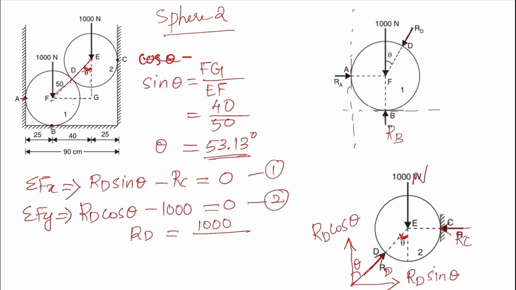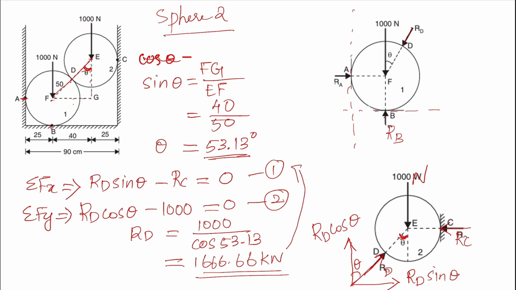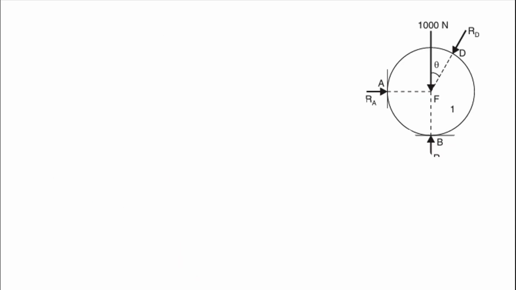Theta, what is theta here? 53.13. So cos 53.13. Solving this, we will get RD as 166.66 kilonewton. Okay, so we got the value of RD. By substituting this value in the first equation, that is RD is 1666.66, we will get RC.